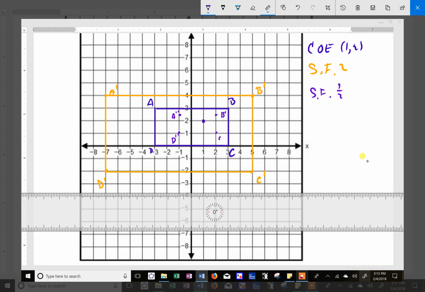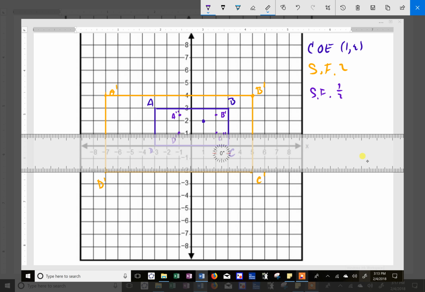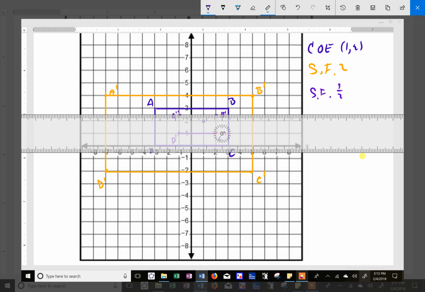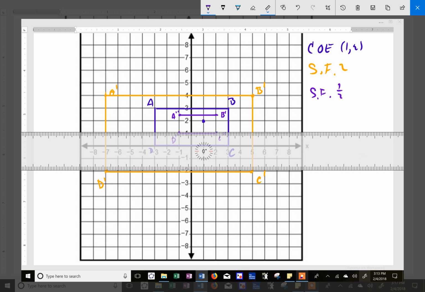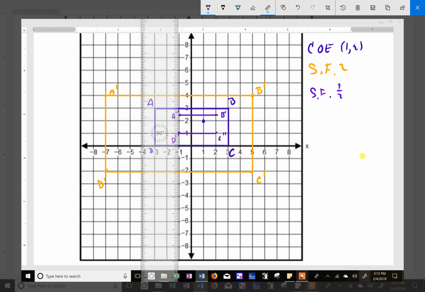And once again, the reason why I think this is significant is because it shows that, although they call it a center of enlargement, a center of dilation is probably a more accurate term, because to dilate means you can get larger or smaller, whereas with enlargement, you're kind of assuming that it has to get larger every time.